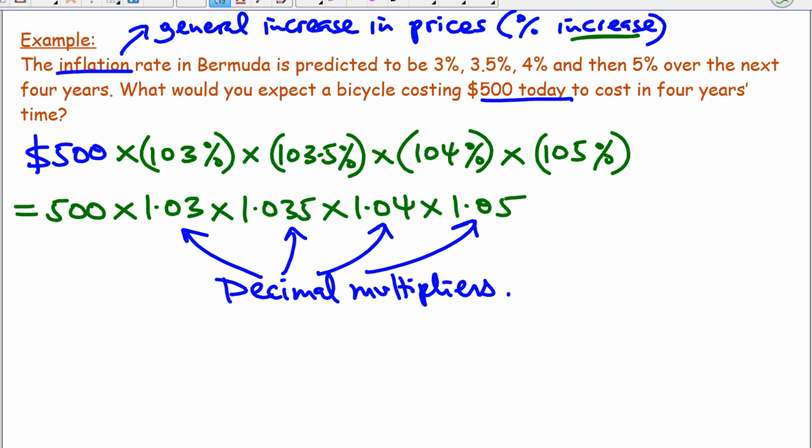And if I work that out, I'll end up with the final price of the bicycle being approximately 582. Okay? So after 4 years, taking into consideration the inflation rate over the 4 years, the final price of the bicycle will be $582.